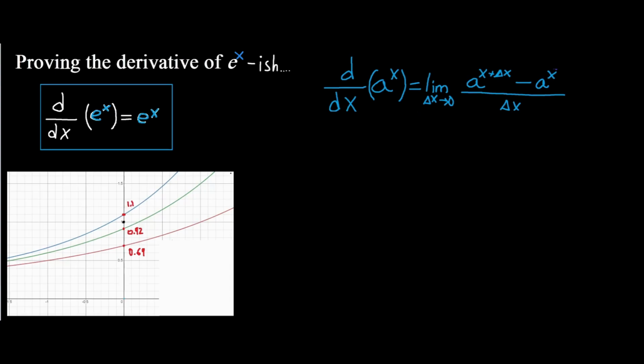Since a to the x has nothing to do with delta x approaching 0, I can take it outside of the limit.